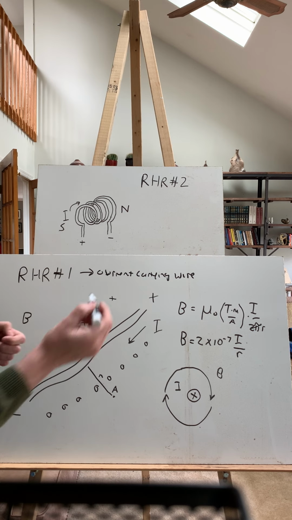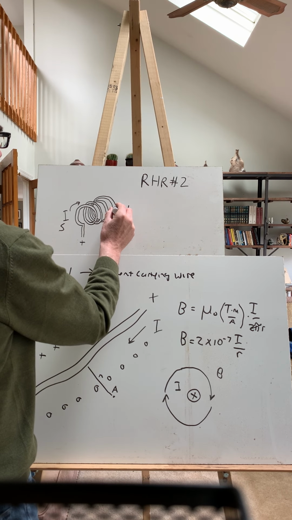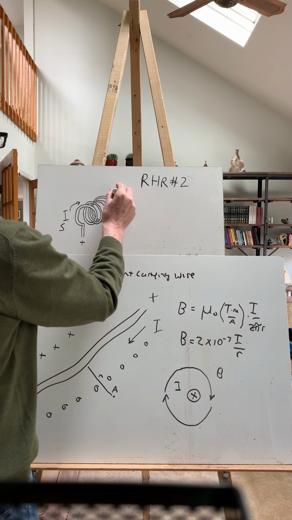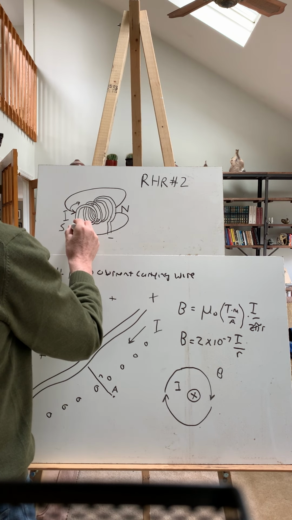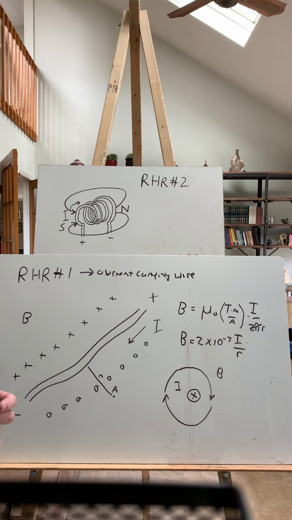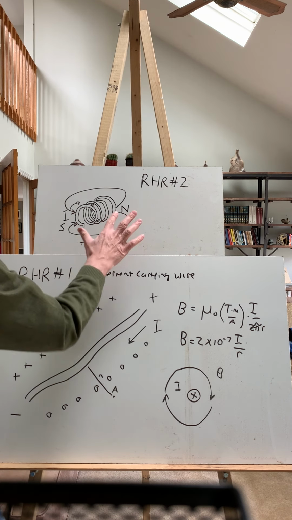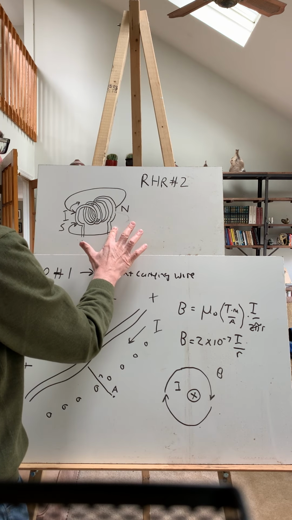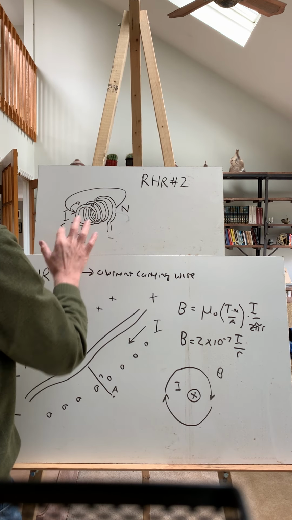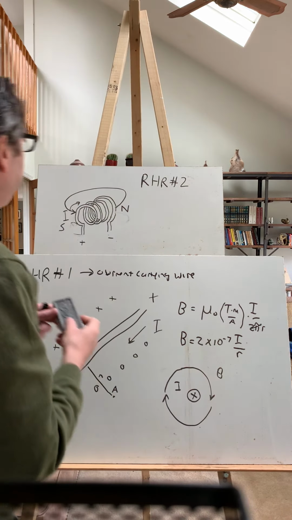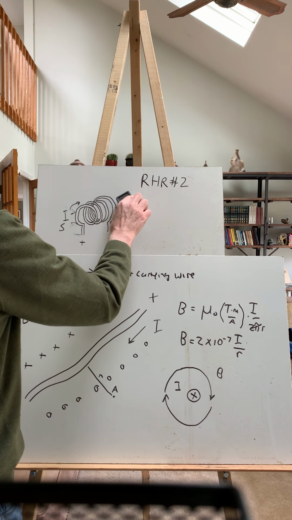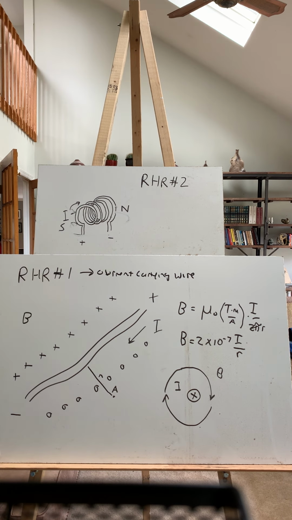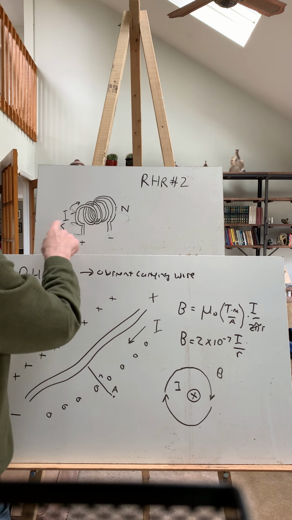And we know how magnetic fields work. They point away from north and towards south. And so that's what the field is going to look like around that solenoid. Now, interesting thing, it would not be unreasonable for you to think that maybe north always lines up with the negative and south with the positive.